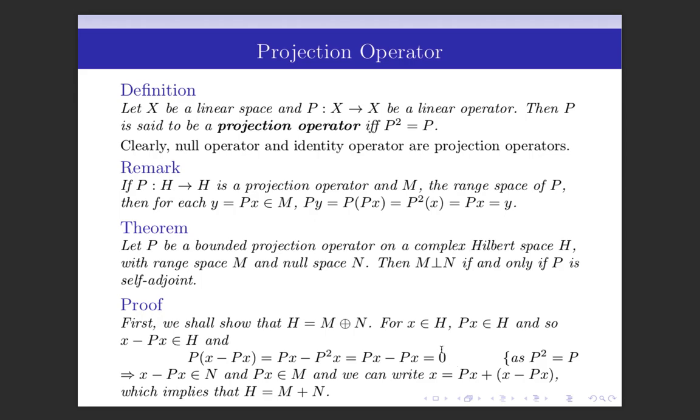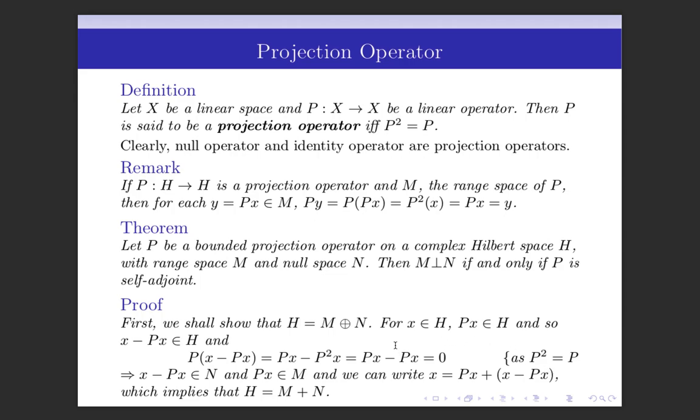So we find that the image of x minus Px under P is 0. That means x minus Px belongs to the null space N of P. And for x belongs to H, Px always belongs to M, the range space. And we can write x is equal to Px plus (x minus Px).